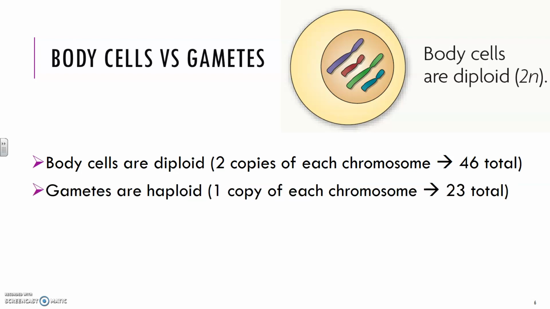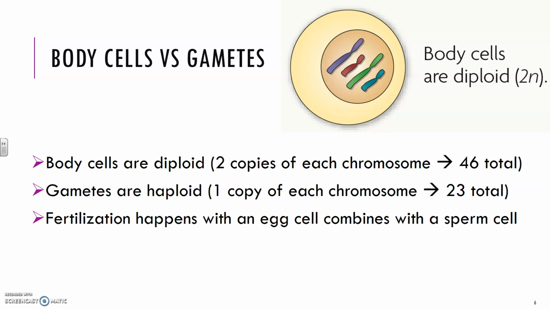Gametes are haploid. Okay, so they only have 1 copy of each chromosome. So they have 23 total. So fertilization happens when an egg cell combines with a sperm cell. So you get the egg cell's 23 chromosomes combining with the sperm cell's 23 chromosomes. And that creates a new somatic body cell that has 46 total.